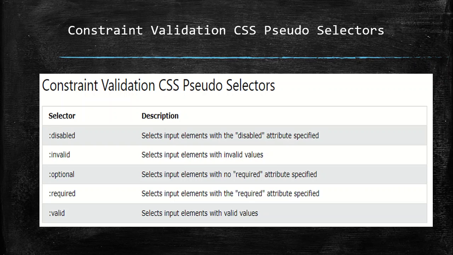Optional selects input elements with no required attribute specified. Required selects input elements with the required attribute specified. And valid selects input elements with valid values.